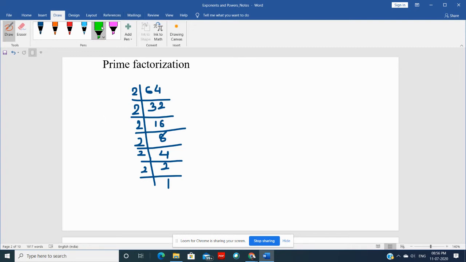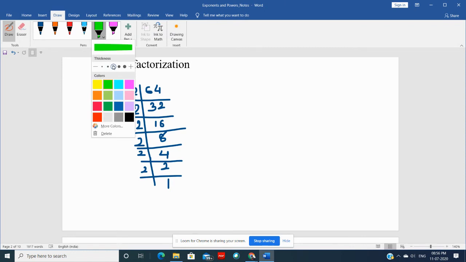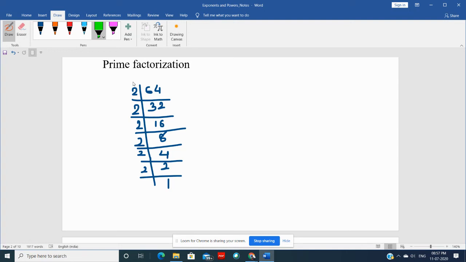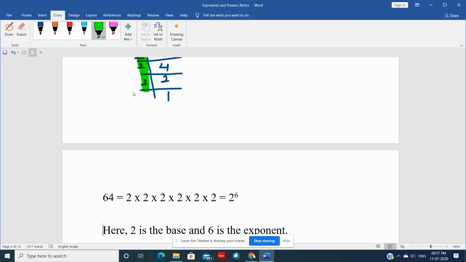I'll just highlight it for you. These are the prime factors. So we can say that 64 can be written as 2 multiplied by 2 multiplied by 2 multiplied by 2 multiplied by 2 multiplied by 2, which means 2 raised to the power of 6.